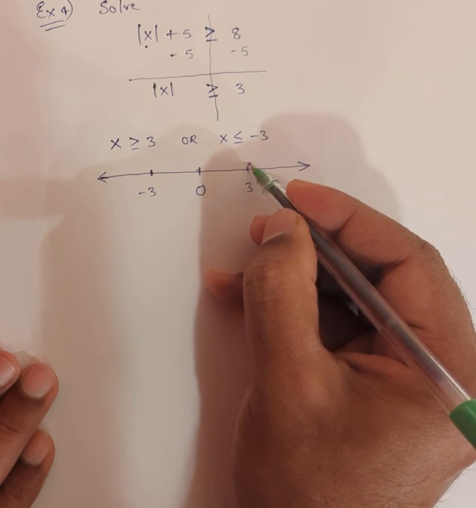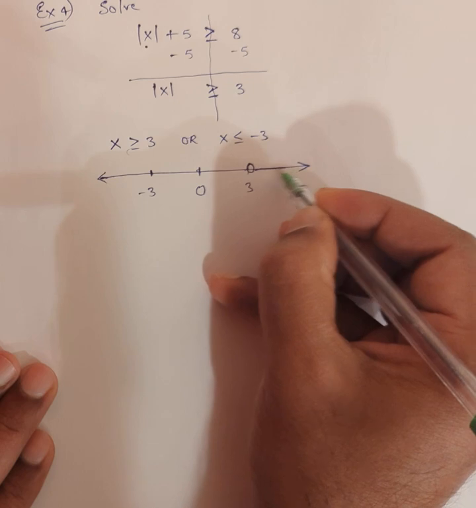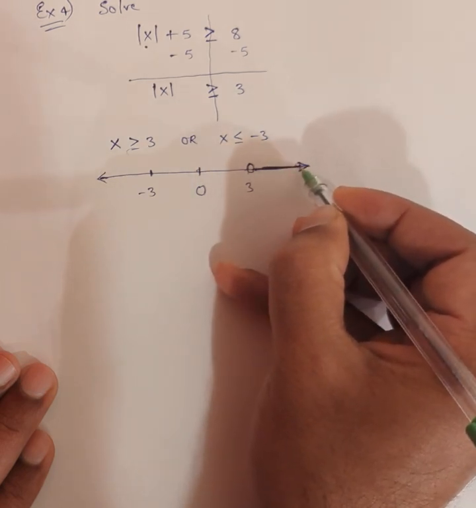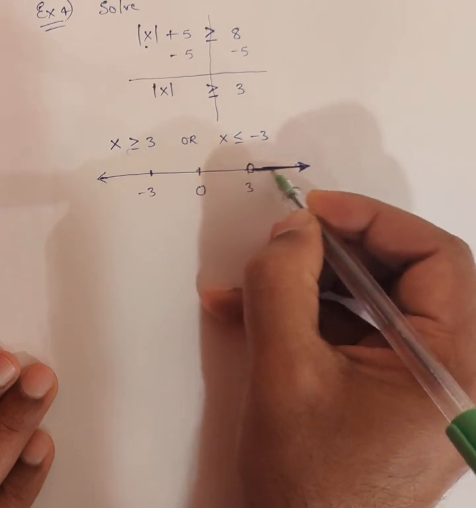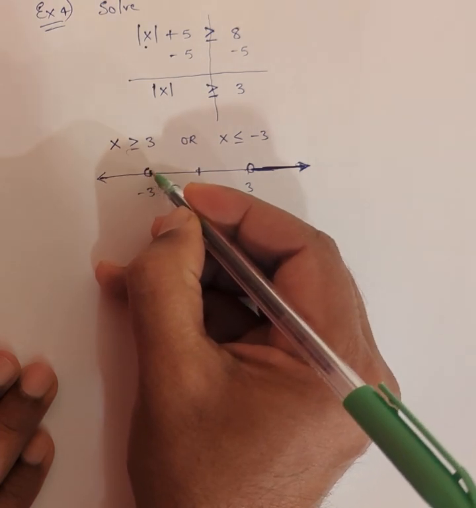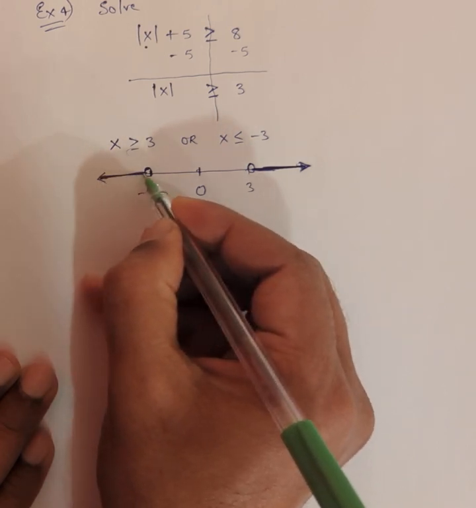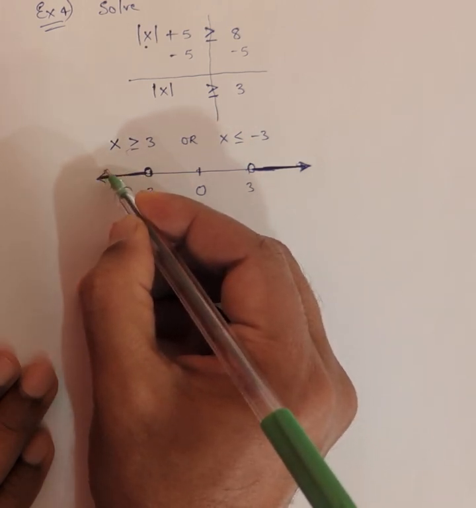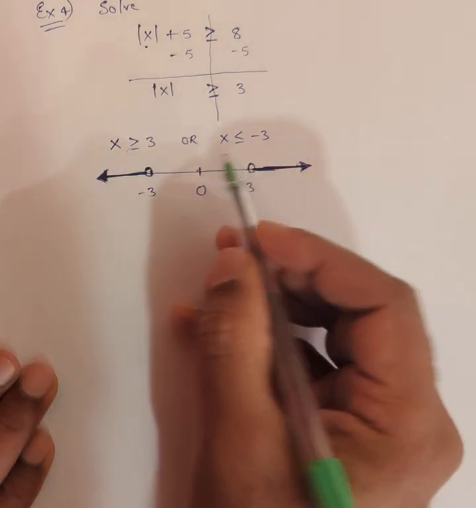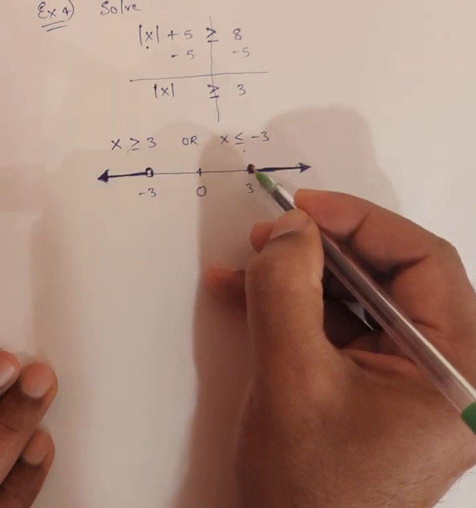And then we want to go more than 3. So the first part says x greater than or equal to 3. So I'm going to shade everything to the right of 3, and it goes on forever. So I want to shade that arrow as well. And similarly, come to x less than or equal to negative 3. So it's going to be this interval. And now I think about the boundaries. Do I include the boundaries? Yes, because I have equalities.